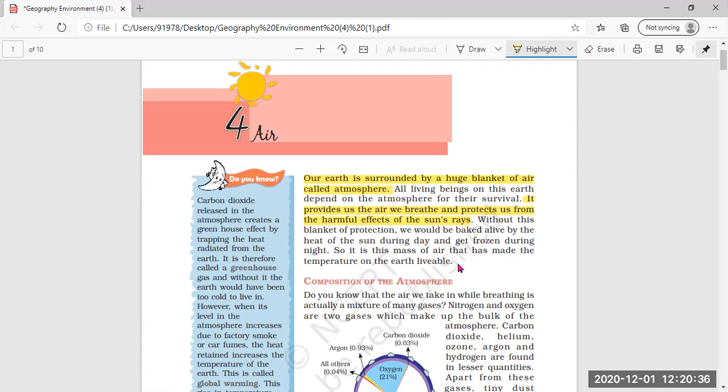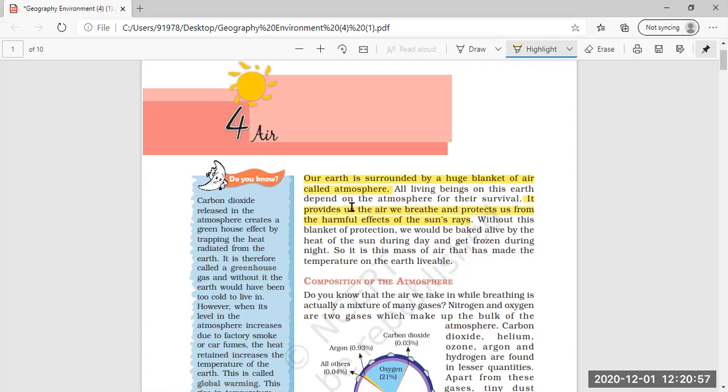And at night also, if this layer of atmosphere is not there, we would be frozen on the earth at night time. So it is this mass of air that has made the temperature on the earth livable.